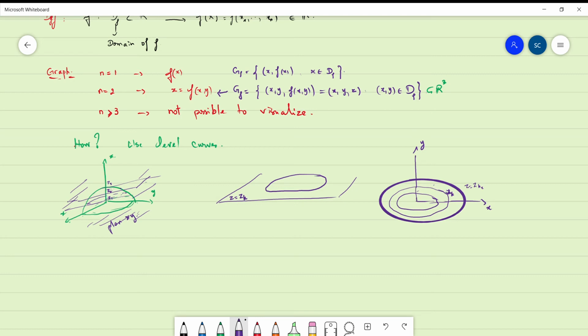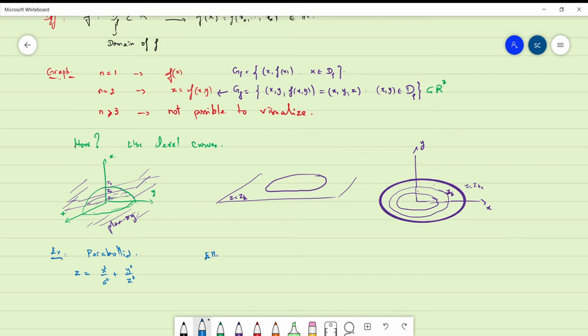It is good to know some examples. You have the paraboloid, whose general equation is x²/a² plus y²/b². Then the sphere, or ellipsoid; the sphere is half of an ellipsoid.